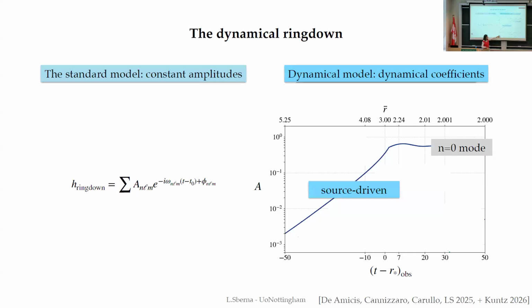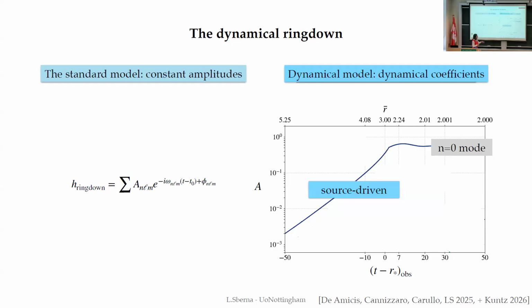And instead, in this better model, we find that they evolve over time, right? They peak around the crossing of the bounce radius, and then they settle onto a constant only at late times.